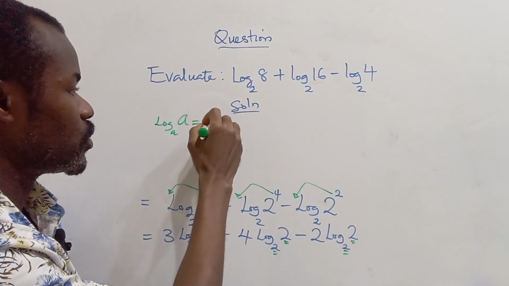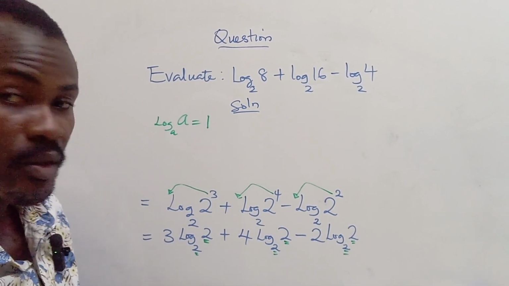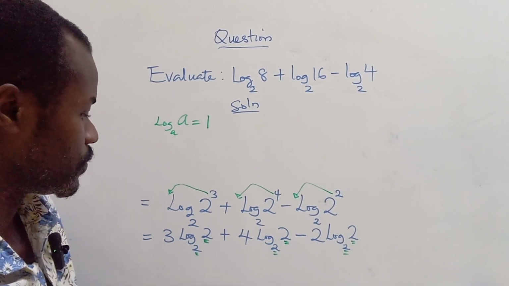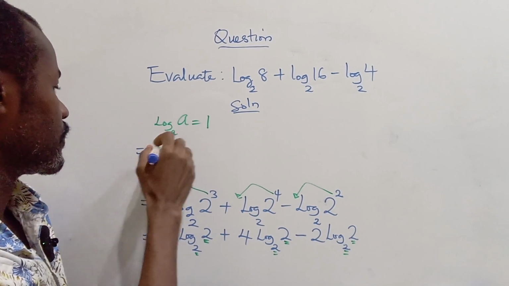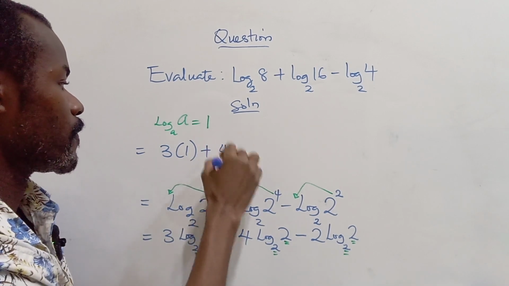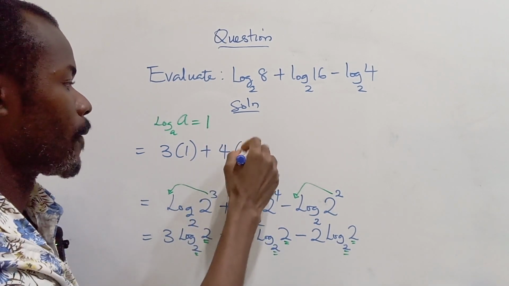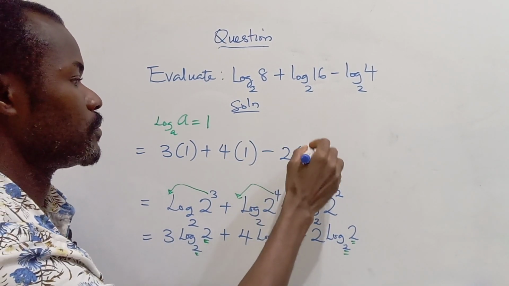So since this means 1, we have 3 times 1, plus 4 times 1, minus 2 times 1. Okay.